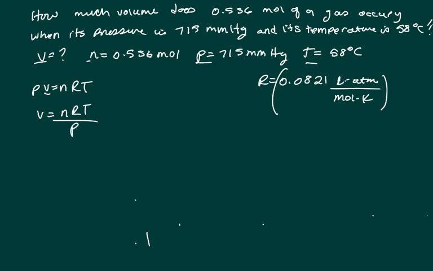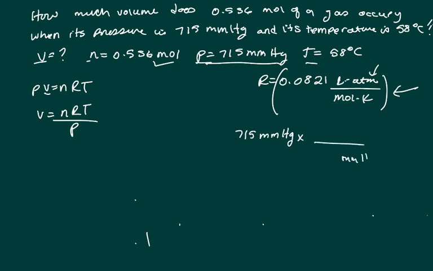Okay? Now, let us do our check to make sure all of our units for our variables match our units for R. Moles are checked. Pressure, however, is in millimeters of mercury, and it should be atm. That means we're going to convert 715 millimeters of mercury into atm.